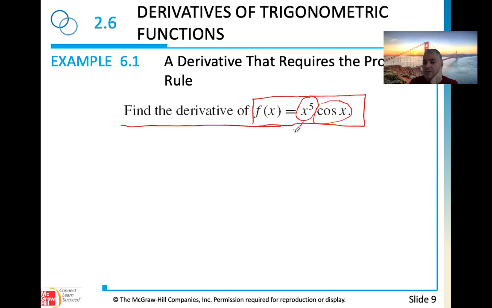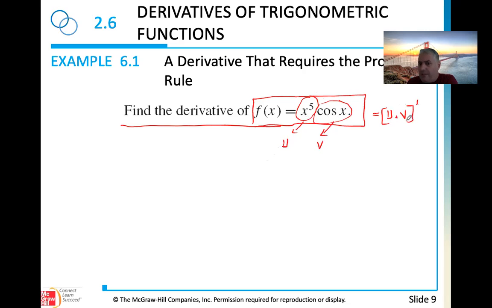If I call the first function u and the second function v, actually I am being asked what is the derivative of u times v. Am I right? This is the question.